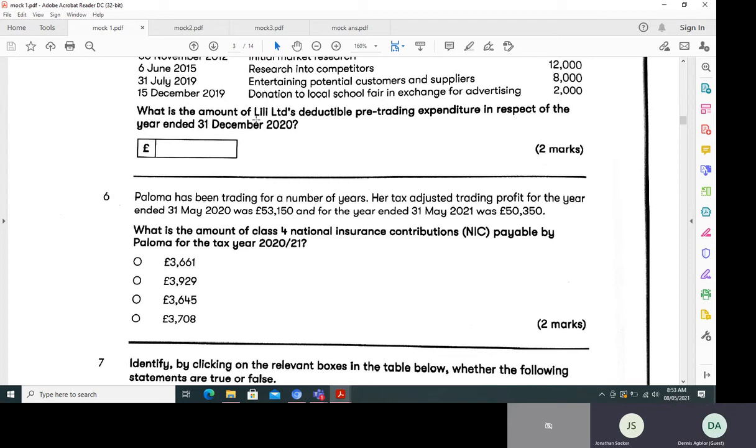Yes. So we've already seen the profit we need for 2021 for the computation. May 2021 will be the next tax year, tax year 21/22. So we cannot use the 5,350. We have to rely on the 53,150 since that's the amount that falls in the current year.